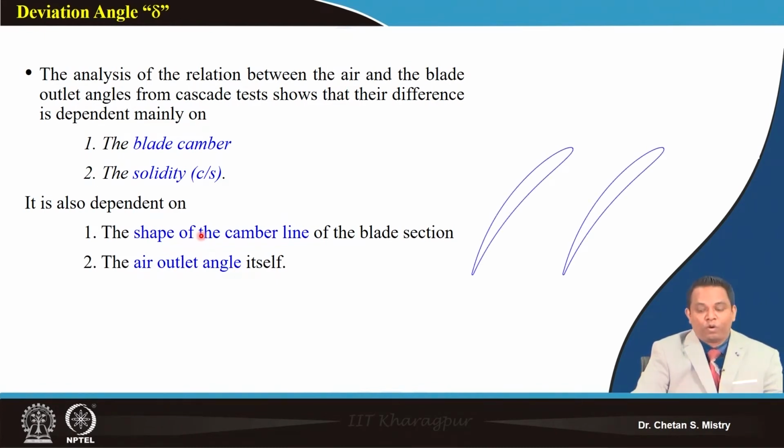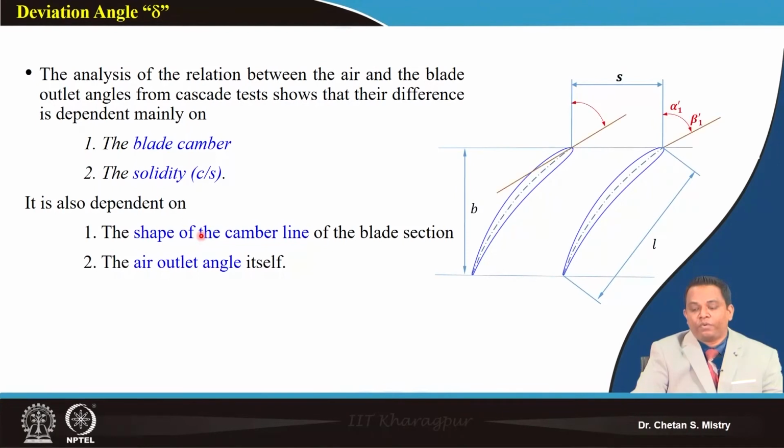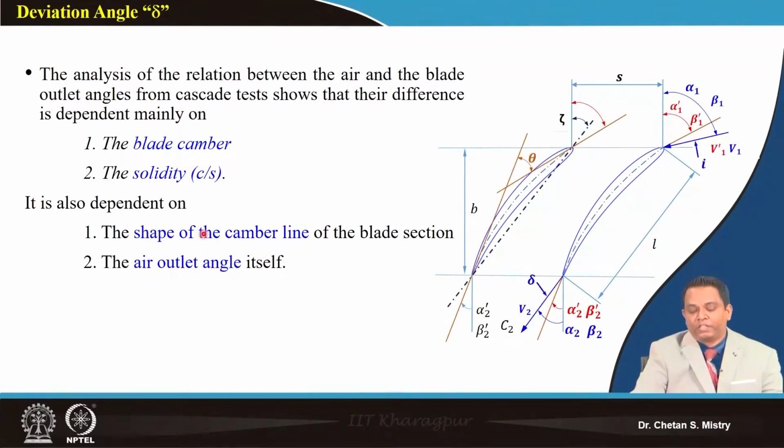Now if you look carefully, suppose this is my deviation angle, and this is my camber angle. Suppose I have a large camber angle, so this angle is increasing, and that will lead my flow to come out at a different angle.